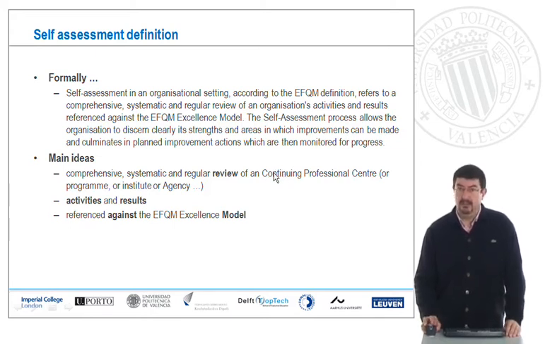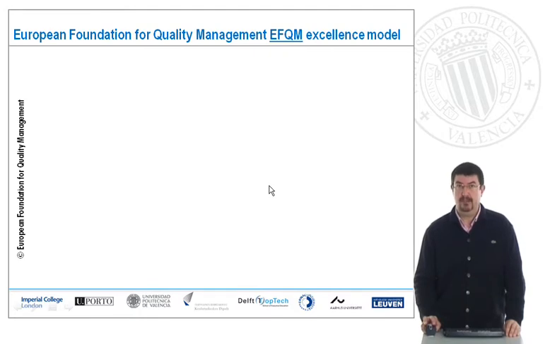The main ideas of this project are around what is self-assessment and what is the preparation for the external evaluation. We use the logical framework of the European Foundation for Quality Management, the UNI-QM Excellence Model.